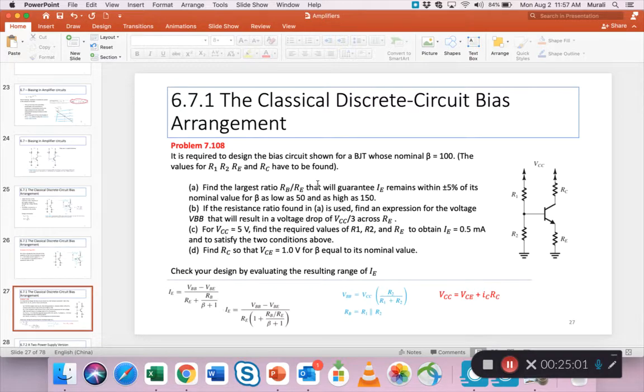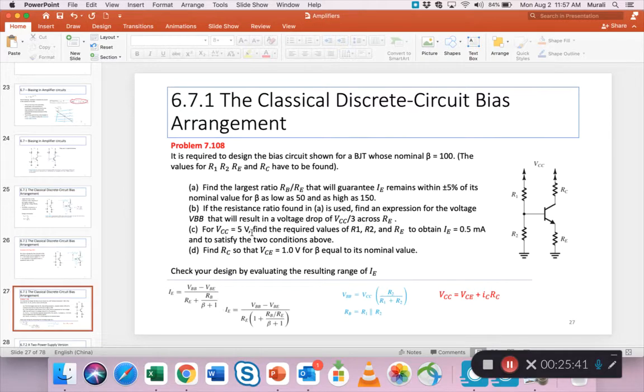So that's a requirement. So how do you go about finding the right R1, R2, RE, etc., so that you're guaranteed that the bias current doesn't vary too much? Okay. Then if the resistance ratio as shown in A is used, find an expression for the voltage VBB, the voltage here, that will result in a voltage drop of VCC by 3, 1/3 of that, across RE.